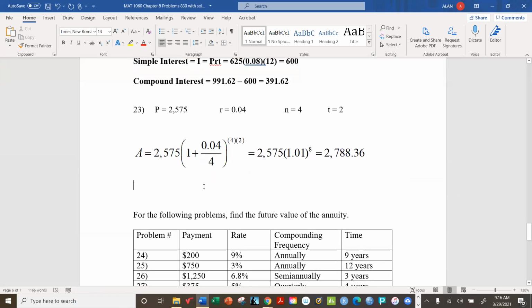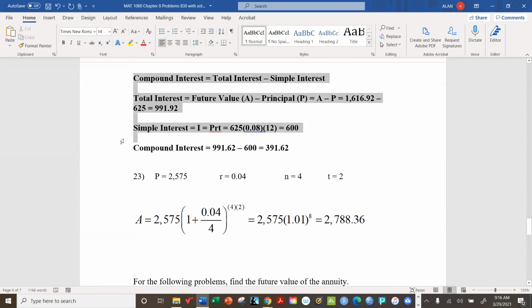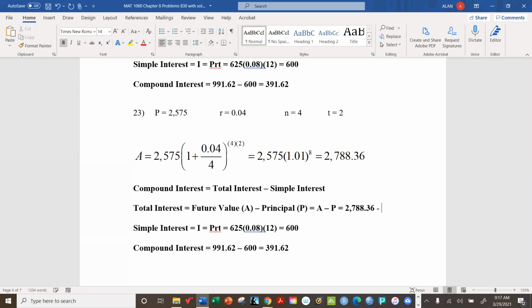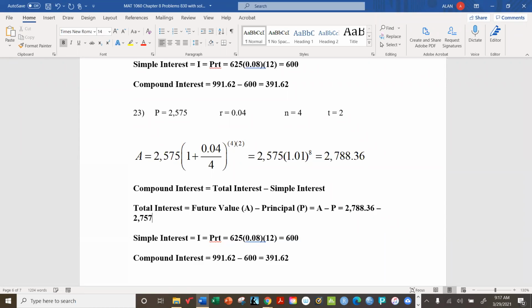All right, and then the rest will be, so we have 27 minus 25.75, and the difference between those two is $213.36.